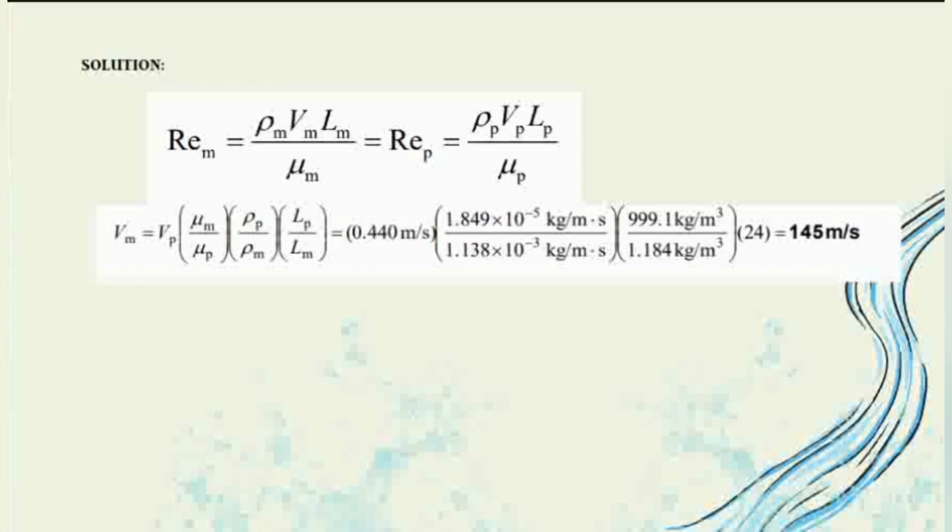Calculating this in our calculator, we get 145 meter per second. This is our velocity in m.